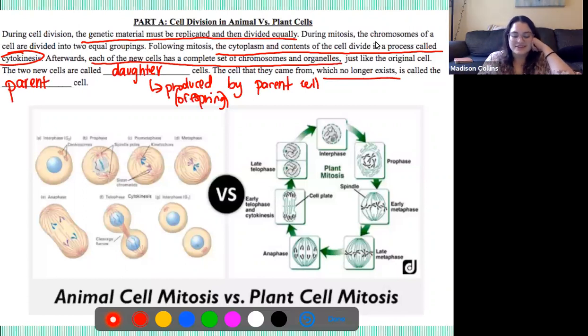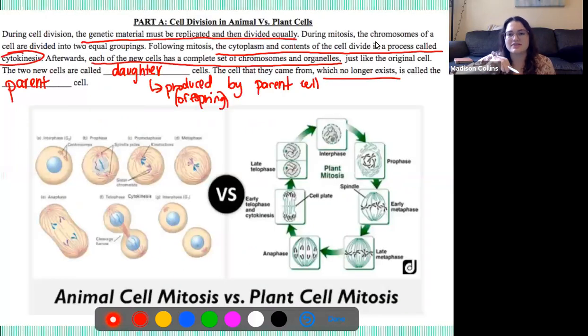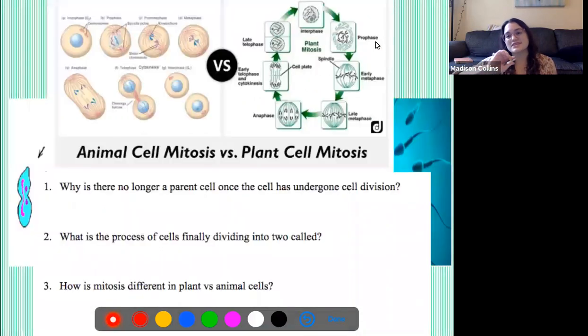All right, so let's use that information to answer questions 1 through 3. Question 1, why is there no longer a parent cell once the cell has undergone cell division? So we just read that the cell that they came from, which no longer exists, is called the parent cell, but why doesn't that parent cell exist anymore? Where did it go? Pause this video, answer that question, and then press play when you figured it out.